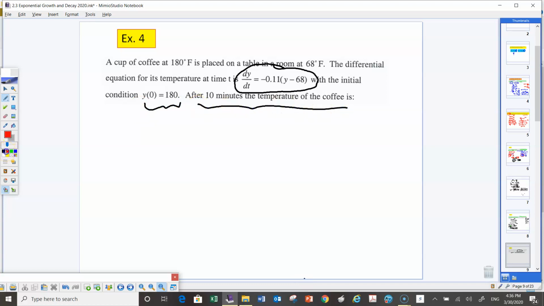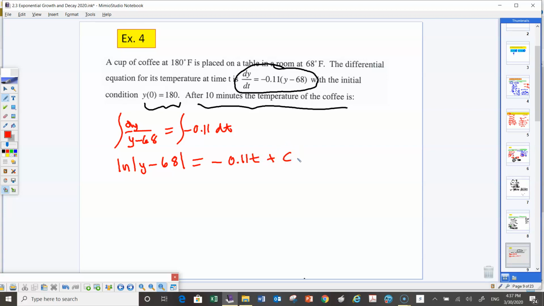So let's start by separating the variables here. In this particular case, I'm going to divide dy by y minus 68, and that is going to equal negative 0.11 dt. Now we're going to integrate both sides like we did before, so I get ln, the absolute value of y minus 68, is going to be equal to negative 0.11 t, and then plus our constant.